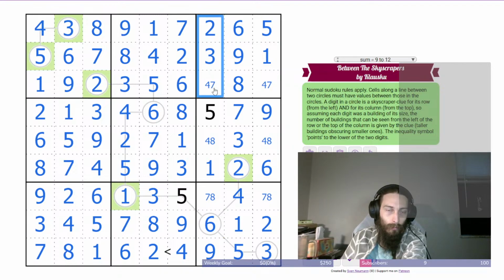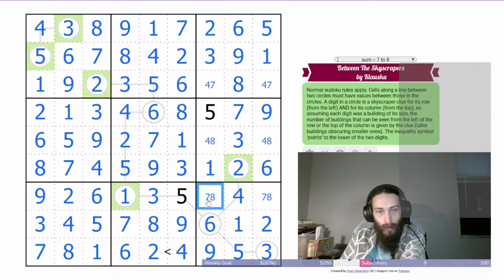2, 3. Whatever that is. If it's a 4, it'll see the 5. If it's a 7, it won't. We'll definitely see this digit. Well, I guess if this is a 7, you can put an 8 here. So you won't necessarily see that digit. So 2, 3.